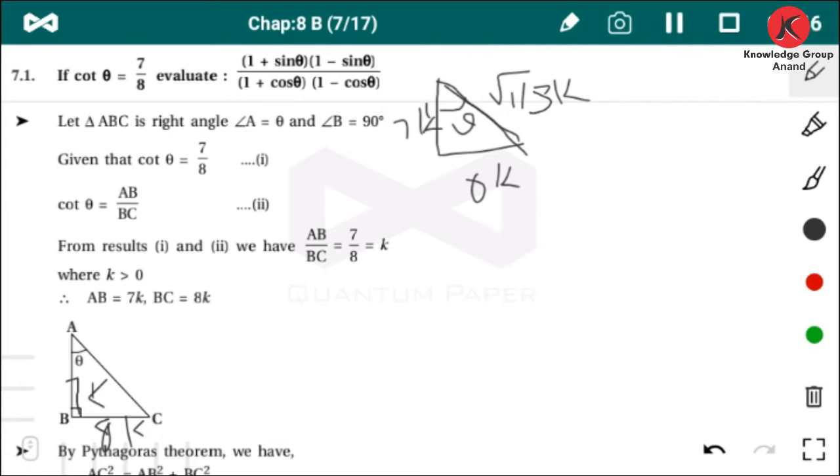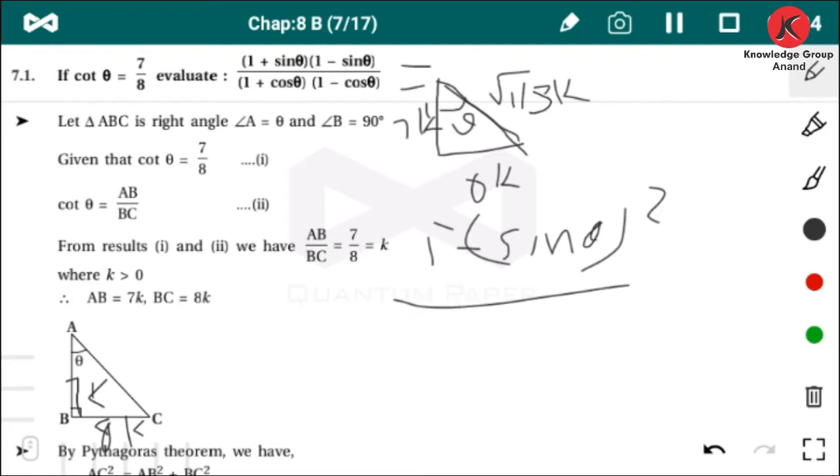Here the factors of type (a plus b)(a minus b) expand to a square minus b square. Then we write 1 square minus sin theta whole square upon 1 square minus cos theta whole square.